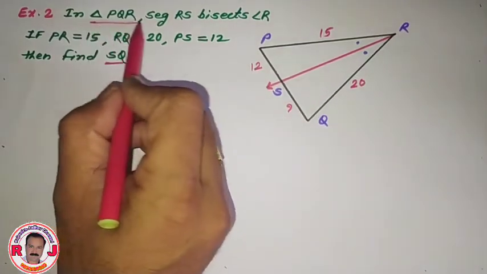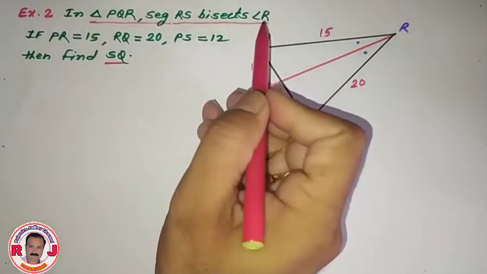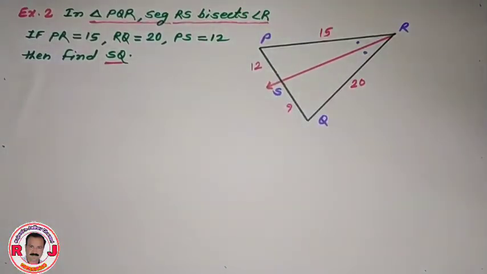In this triangle, segment RS bisects angle R, and we use the property of angle bisector. Solution.